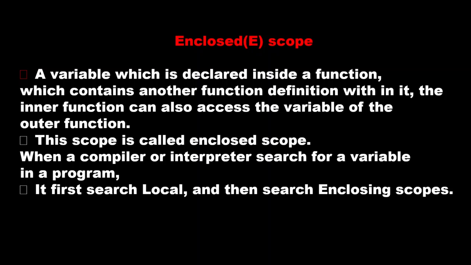When a compiler or interpreter searches for a variable in a program, it first searches local and then searches enclosing scopes. So a variable which is declared within a function is known as enclosed scope.